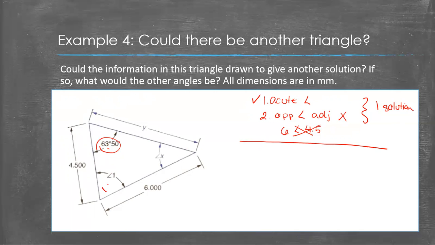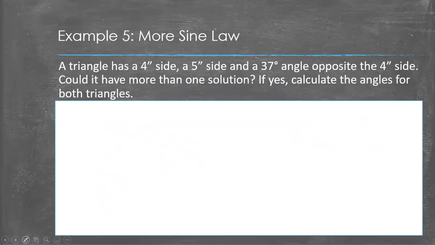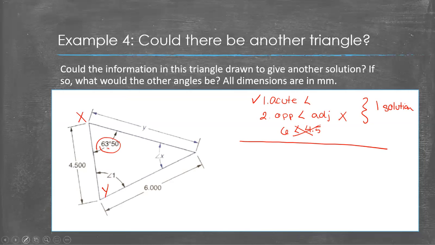So this side would be big Y. This is going to be big X. And let's call this one, oops, that's going to be here. Let me just erase here.